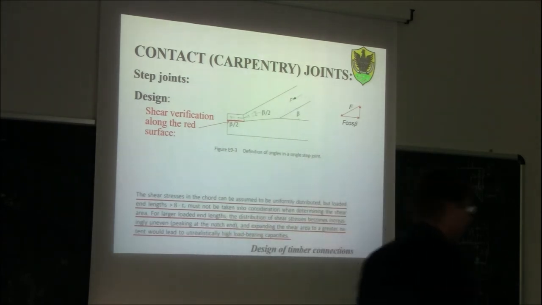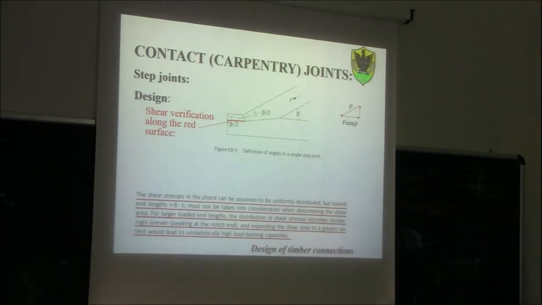However, we need to keep in mind that in reality, the shear stresses are never uniformly distributed. Usually they have a peak at the beginning and the end. And for this reason, the code says that we can use the uniformly distributed hypothesis only up to a length not exceeding 8 times TV.